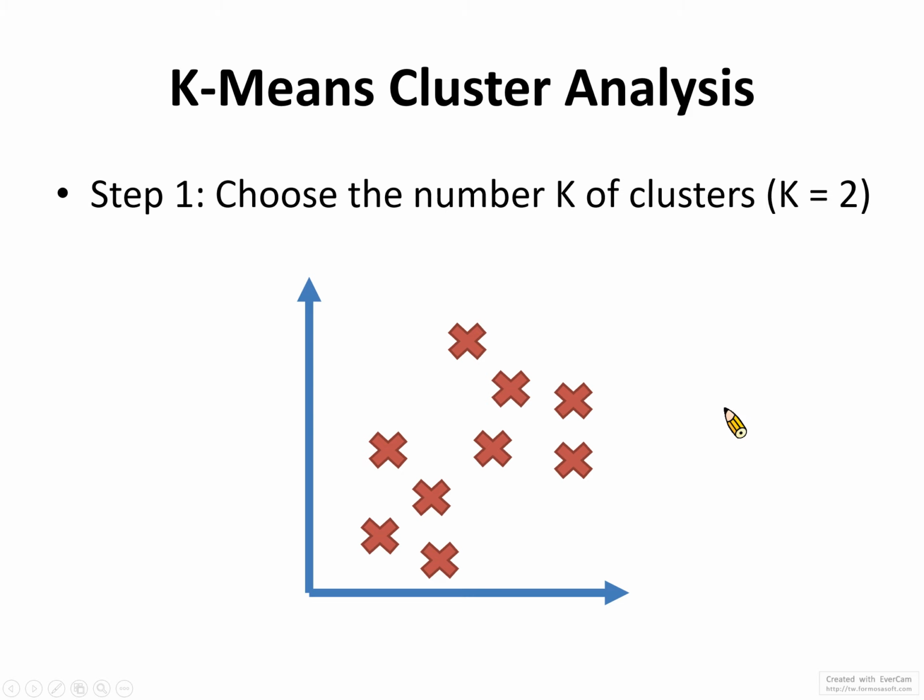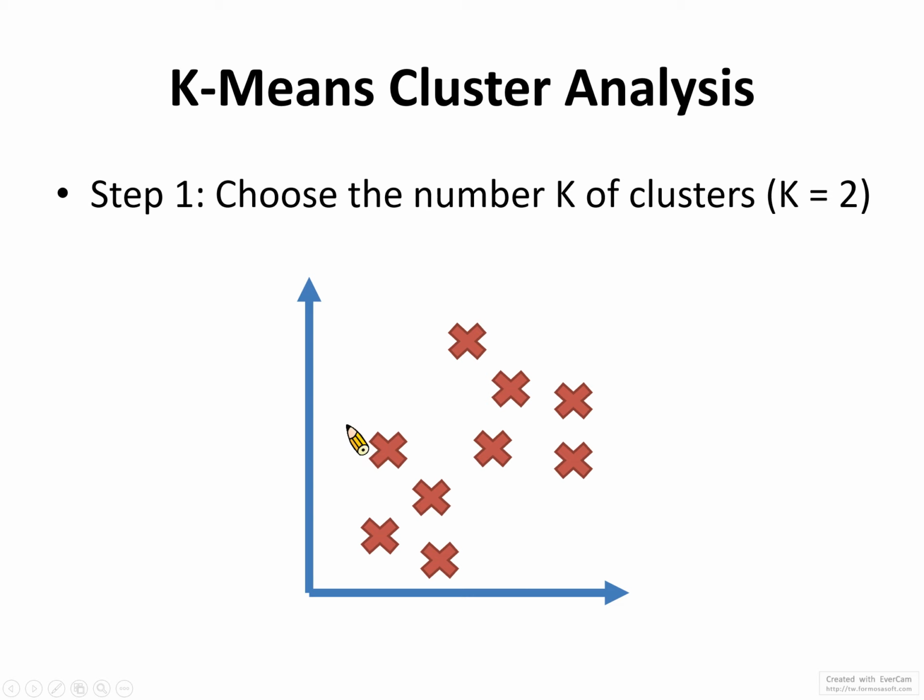Then the first thing we need to do is choose the number of clusters. You probably will say, okay, it seems that there is 1 cluster here, 2 clusters here, or 3 clusters here. Or maybe you will say, okay, this is 1 cluster, this is another cluster, just based on our brain.